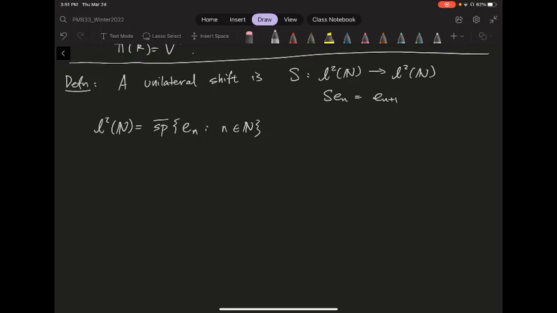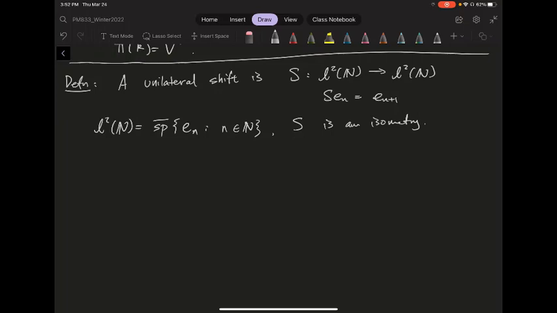But anyway, this operator maps an orthonormal basis to an orthonormal basis, so it has to be an isometry. But it's not a unitary, because nothing will get mapped to E0. So E0 is missed in its range.